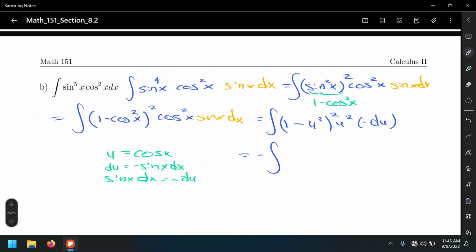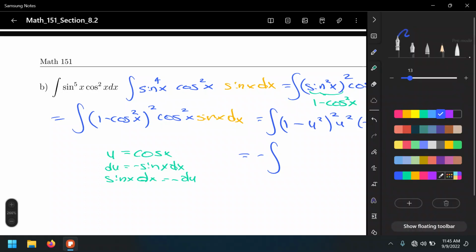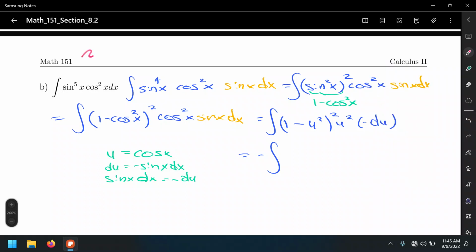So right here, we need to expand this binomial squared. And you guys have many different tools to expand binomials. Number one, it's to write this 1 minus u squared as the product of 1 minus u squared times itself, and then FOIL. That's fine. Maybe that's the way you learned. If it works for you, that's fine. Do it that way. However, there are formulas to square binomials, and let me write it down at the top.